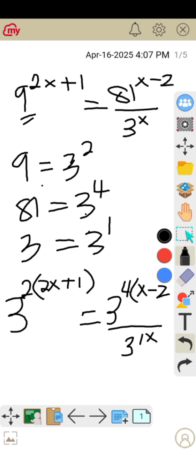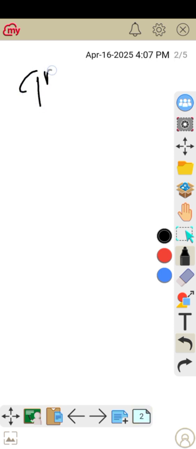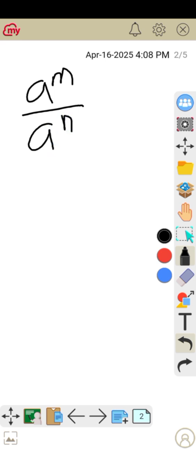Remember, we are dealing with indices as regards exponentials. Remember when we had this law? a to the power of m divided by a to the power of n, we ended up having a to the power of m minus n.